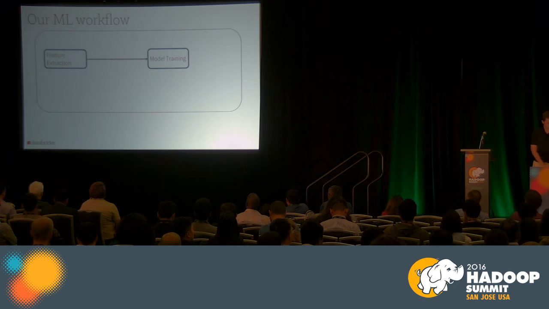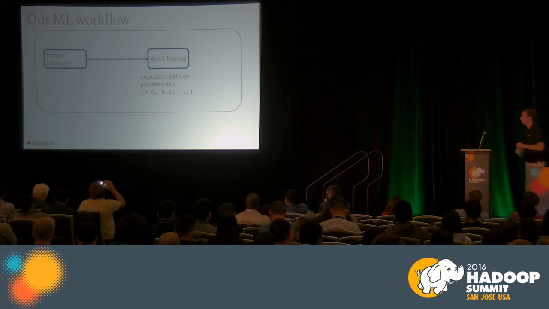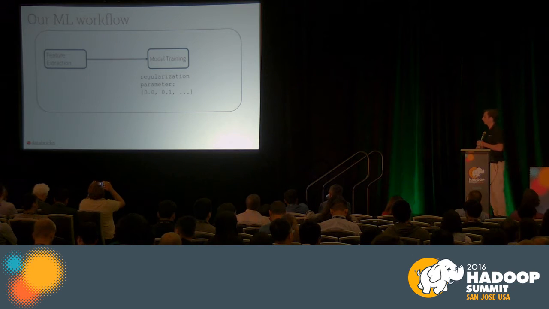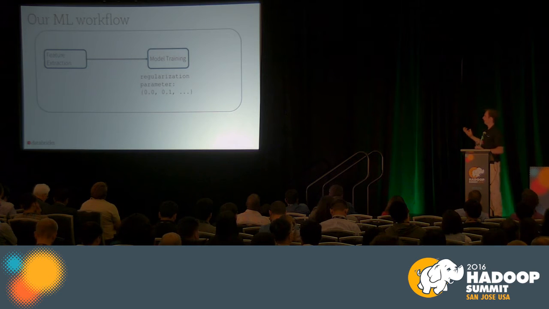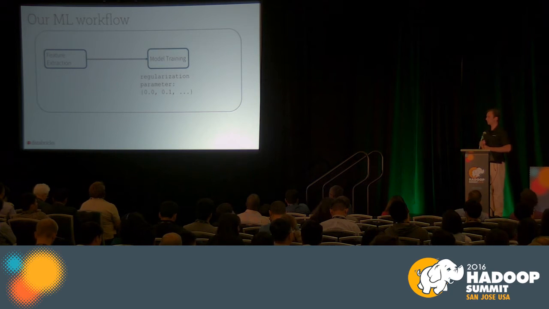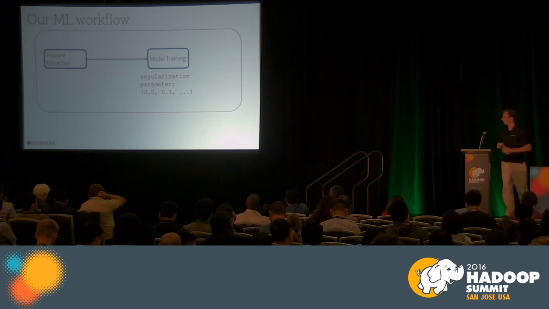So we will start from feature extraction and then do some model training. This is again where Spark can be useful. When you do model training, you usually need to try different parameters to regularize your data because your data is going to be noisy. It is not clear which words are going to be relevant for figuring out what the rating is going to be.